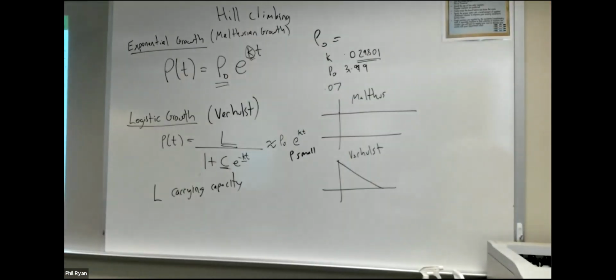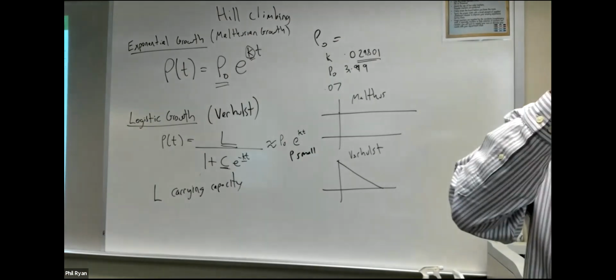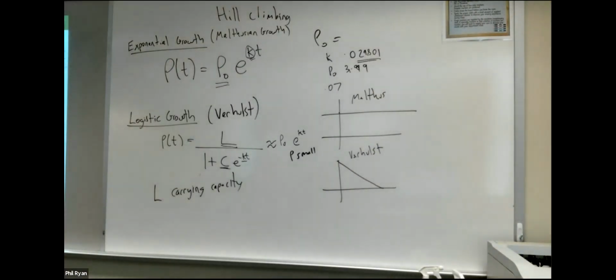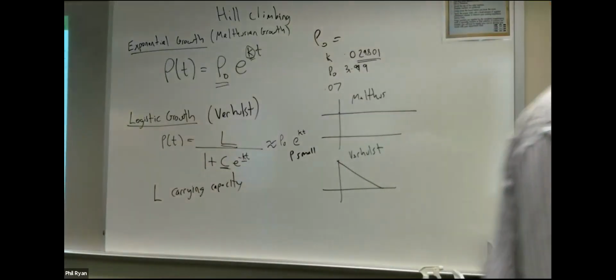The first thing we have to do is think of an L. What do you think the carrying capacity could be based on this? Just a rough guess. You might say 150 or so. 150. Okay, so let's put in L of 150.